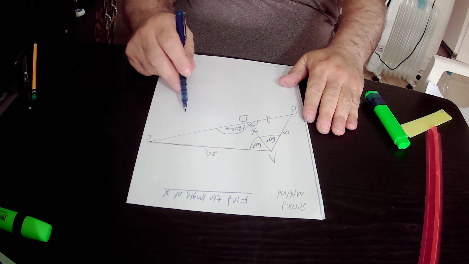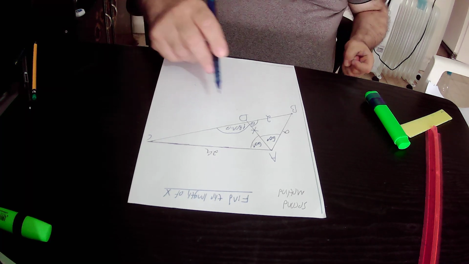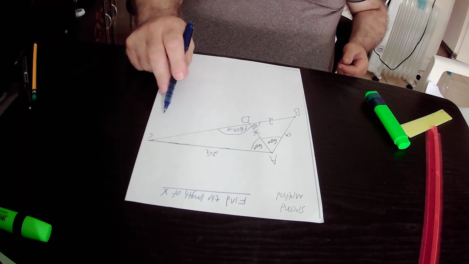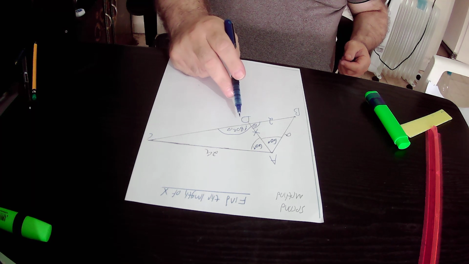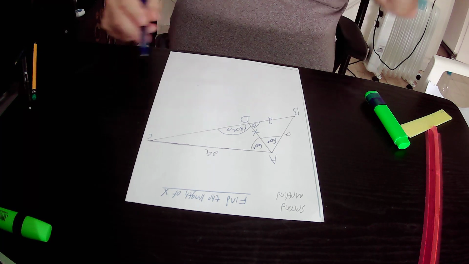And we know that the sum of the angles on one side of a straight line is equal to 180 degrees. So if you look at the upper side of the straight line BC at point D, then the sum of the angles here must be 180 degrees. So if this angle is theta, this angle must be 180 degrees minus theta, because theta plus 180 degrees minus theta equals 180 degrees, exactly according to the rule that I mentioned.